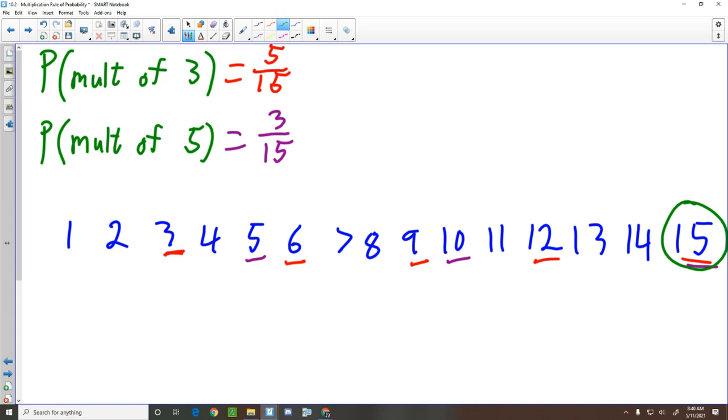Now, since these are not mutually exclusive, I'm going to add up the probabilities of them occurring independently and then subtract the probability of them both occurring at the same time. So for this one, oh, wait, it said and versus or. That's going to be different.